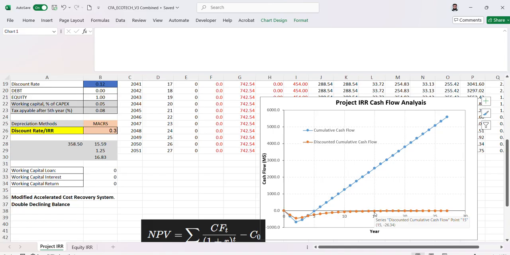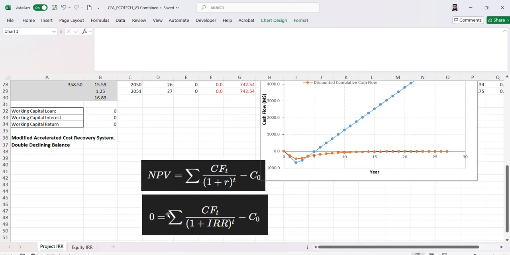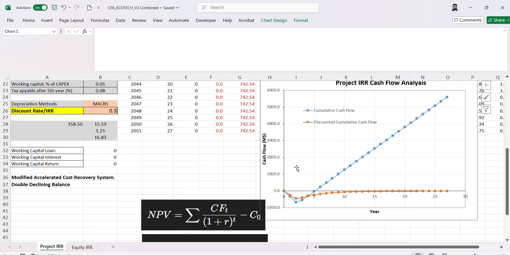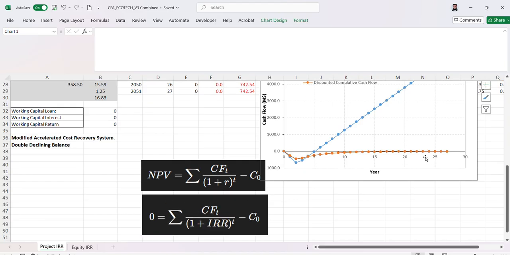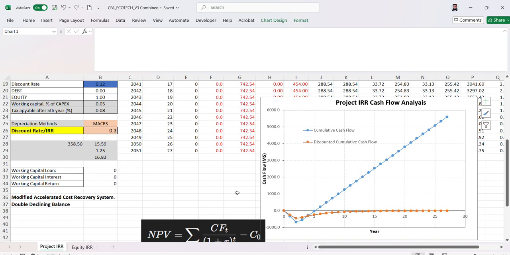It's not net positive, but the cash flow becomes zero, which is net present value becomes zero. That means this is the IRR. As you can see, now the discount rate is considered to be IRR, which is 30%. Up until 0.3, this is the discount rate. So when it is 30%, then net present value becomes zero and the project is not profitable.